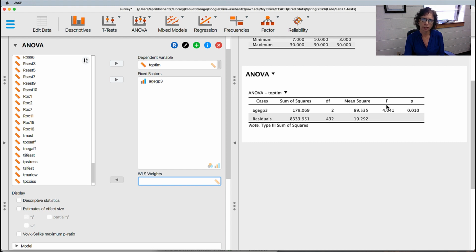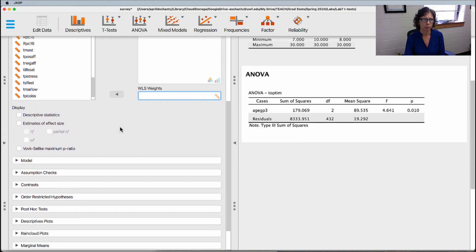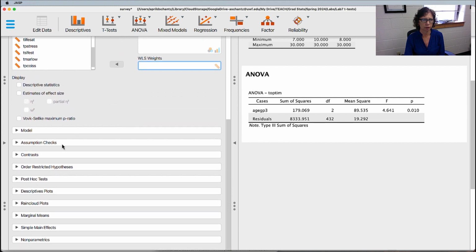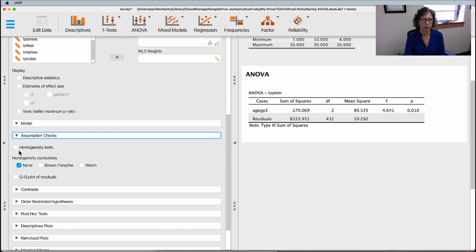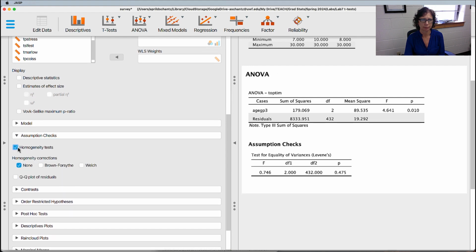Now, before we can go with this F-test, we need to check out the assumption of homogeneity of variance, because it might change if we need to make a correction for the ANOVA. So we'll move on down to assumption checks in our input area, and we want the homogeneity test.